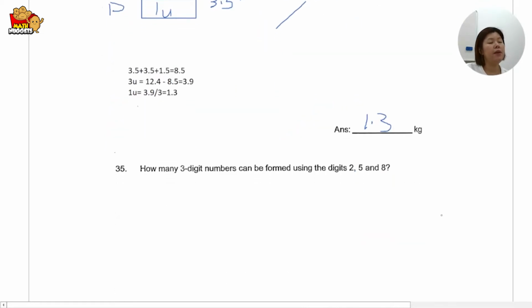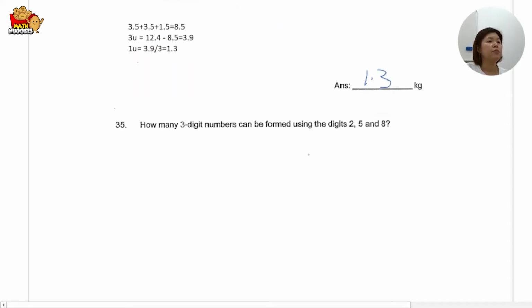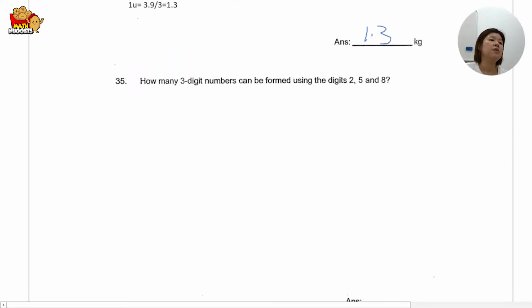Okay, so how many 3-digit number we can form using the digit 258? Okay, let's move down. So I can form the first number. I can still remain this and swap my 5 and 8.